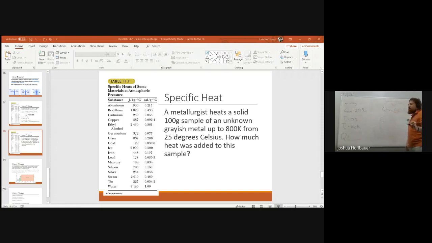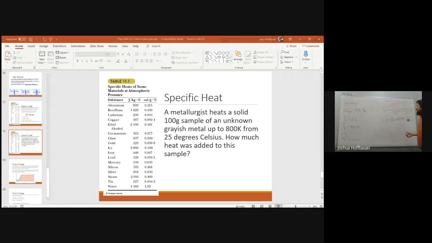All of our formulas take kilograms, so we need to go ahead and convert that. 100 grams is going to be 0.1 kilograms times the specific heat of silver, that's 234, times our change in temperature. Delta anything is always final minus initial. Our final is 800 Kelvin. Our initial is 25 Celsius. So, are we good to go?